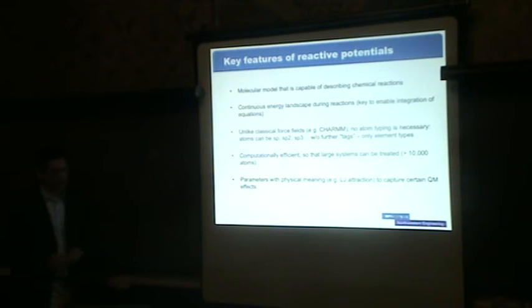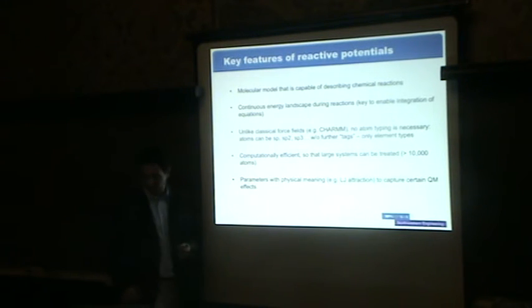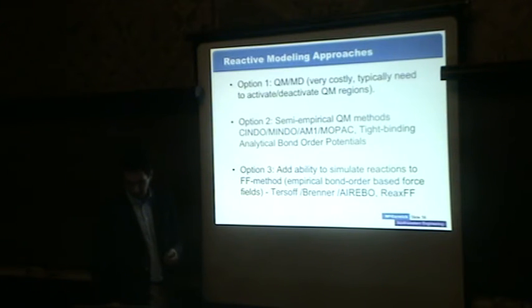And other features, basically, this landscape has to be continuous. There's typically no atom typing necessary, so we don't have different kinds of carbon atoms or anything like this. We just have an overall system with elements that have certain features that can vary. And then it has to be computationally efficient so that you can treat large systems, otherwise it's limited in its impact. And all of these parameters should have physical meaning to a large extent.